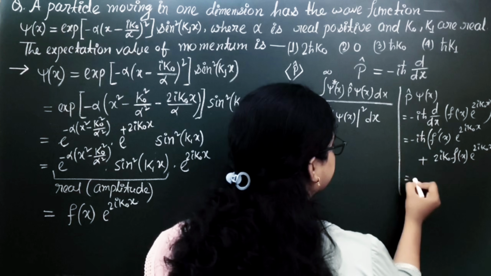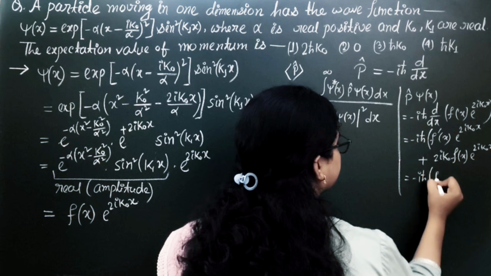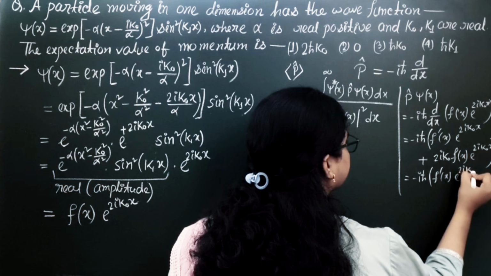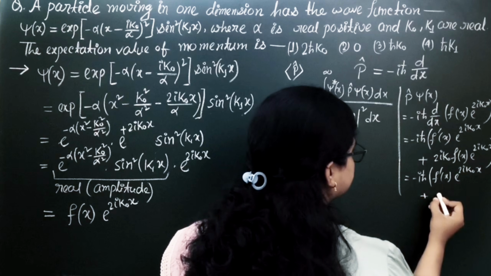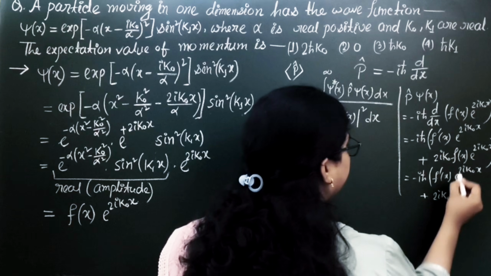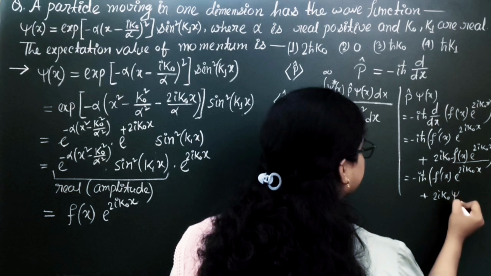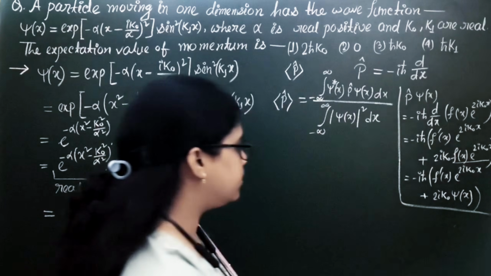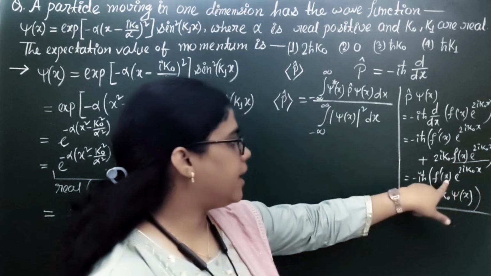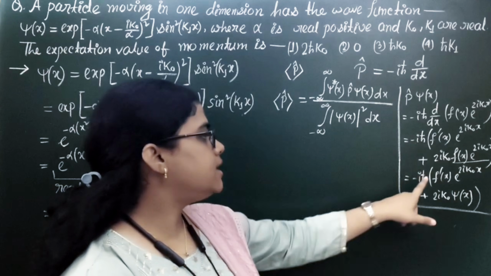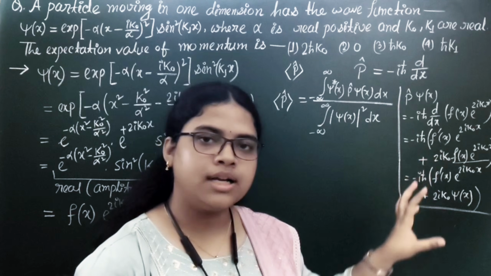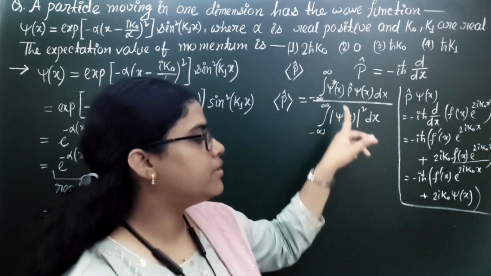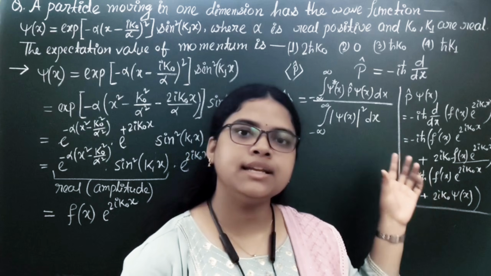So it will be minus i h cut [f dash x e to the power 2i k naught x plus 2i k naught, and this whole term will be psi x again]. Now look, when we integrate this term, f(x) is a real function, so this f dash x is also a real function. When we integrate it, it will give 0 as it is a real function and even function.